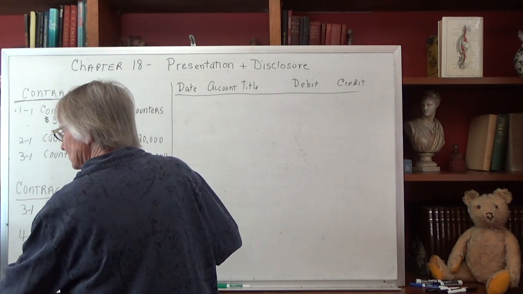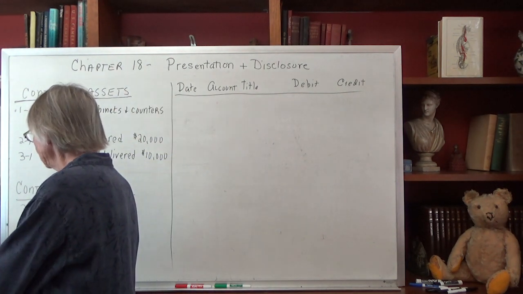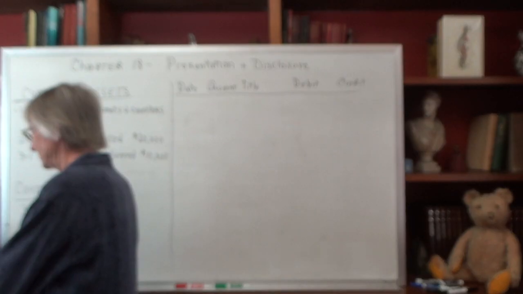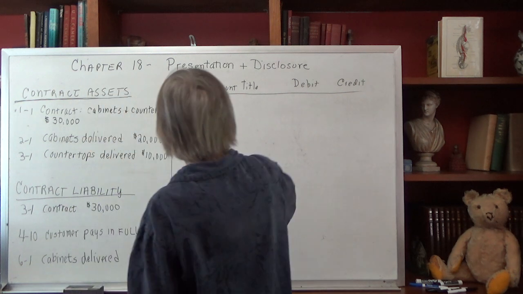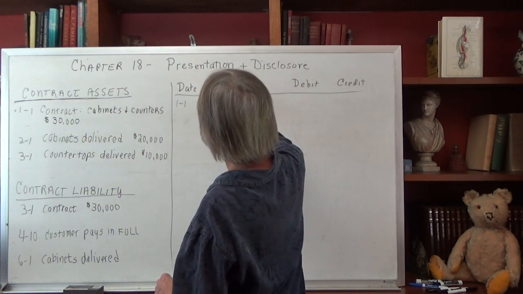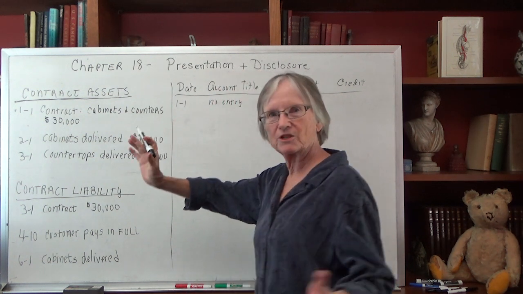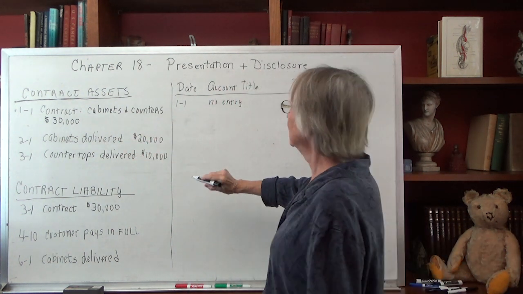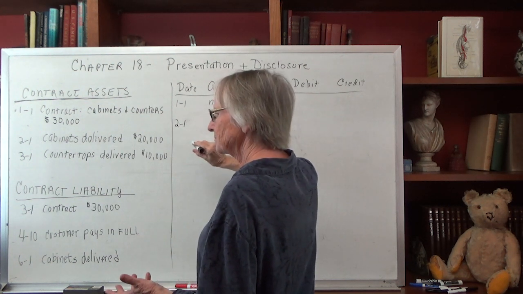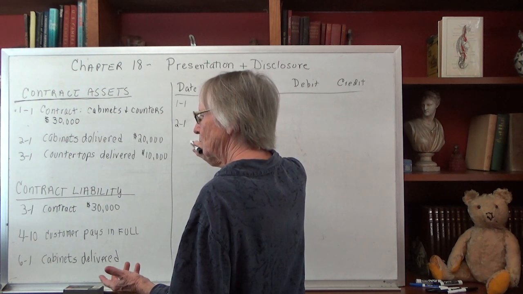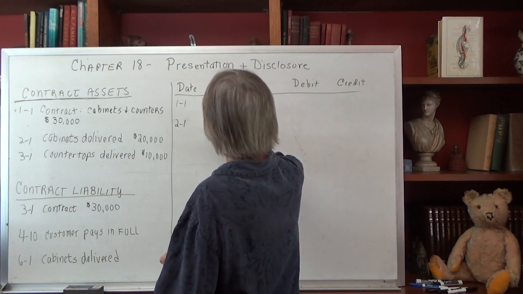The first thing is that on the date of the contract, on January 1, there would be no entry because we just entered into a contract and nobody has done anything yet. On 2/1, when the cabinets are delivered, we would have a contract asset.